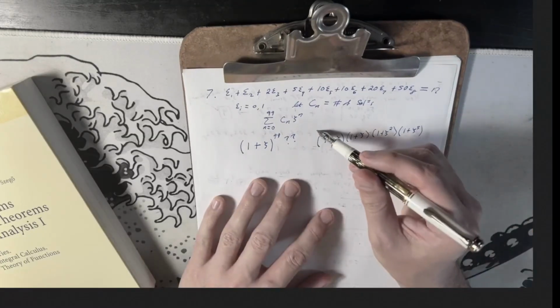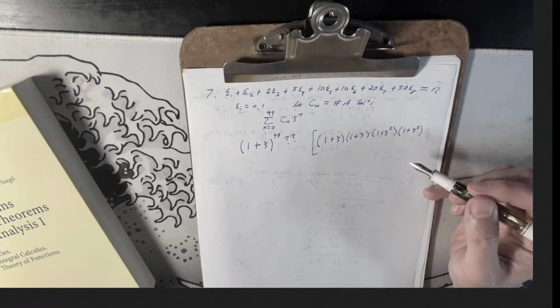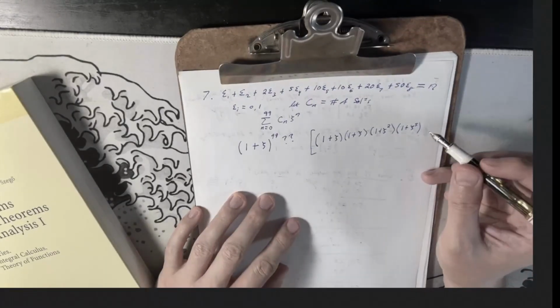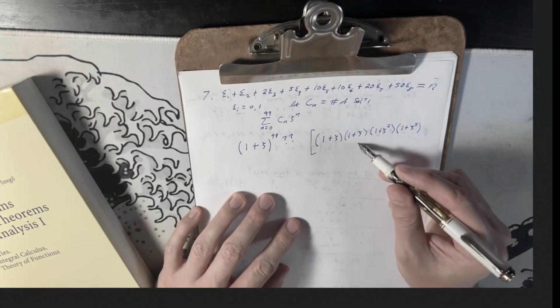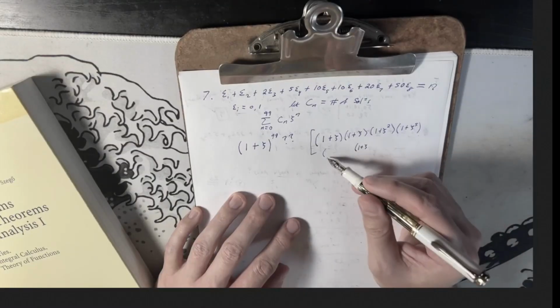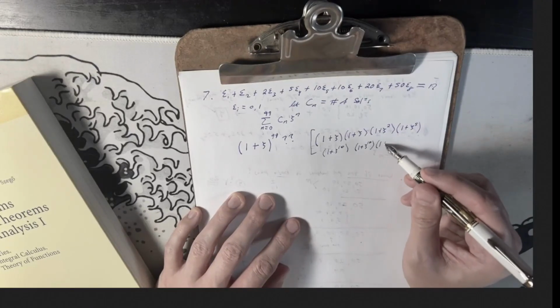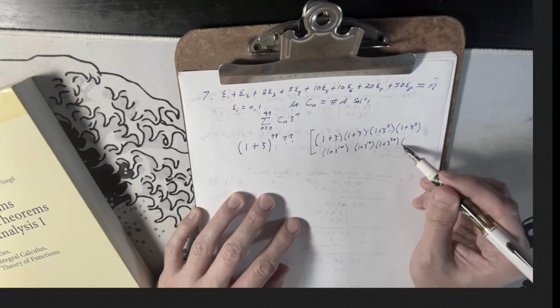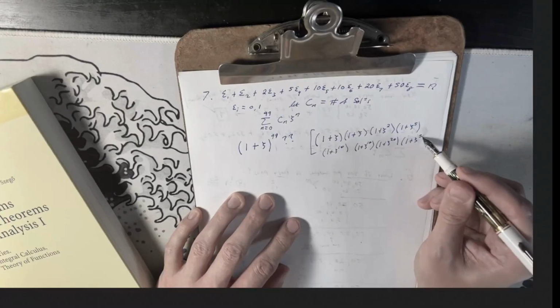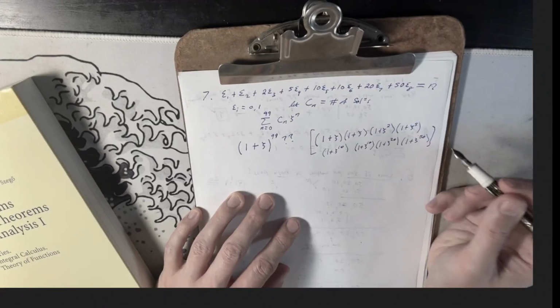I think it's this junk. No, there's more of them, obviously. You know, we keep going. Zeta to the 10, zeta to the 10, zeta to the 20, and finally zeta to the 50. That's not the answer, I'm just saying.